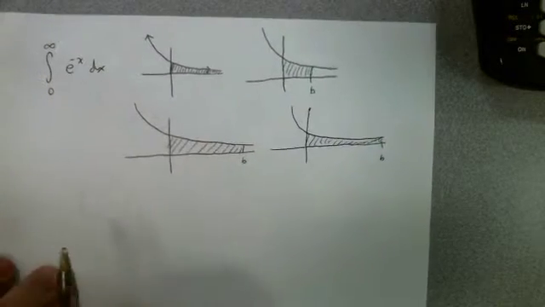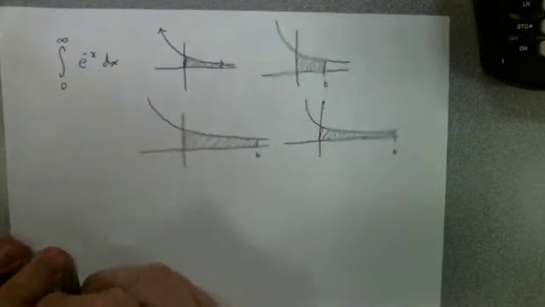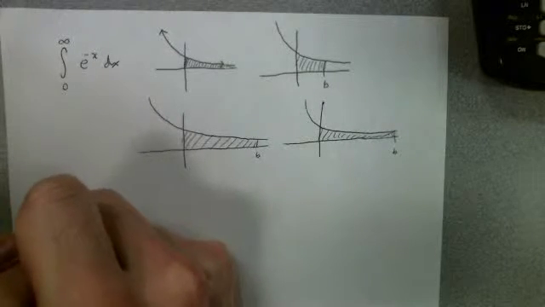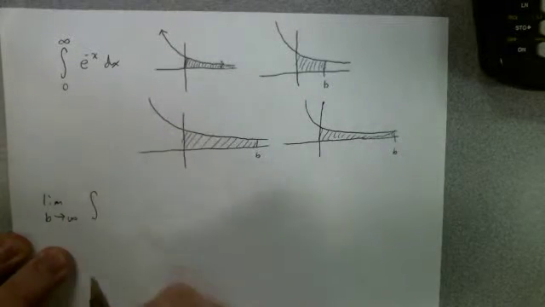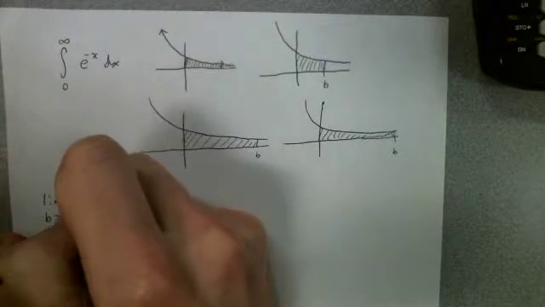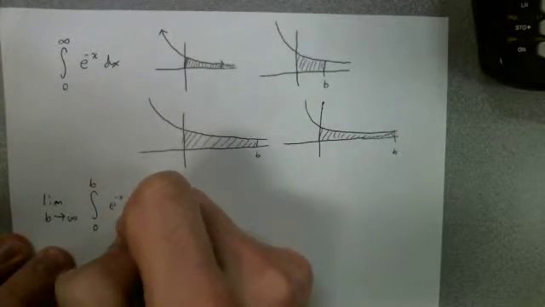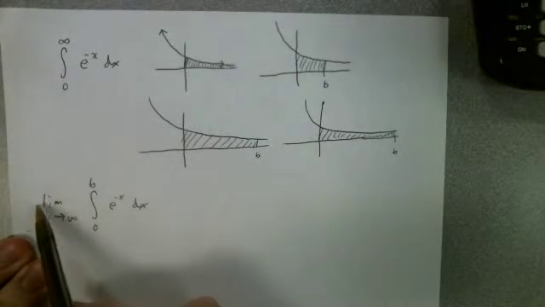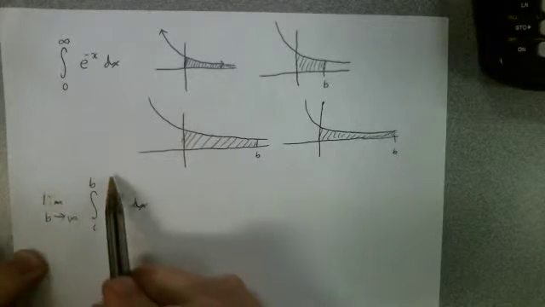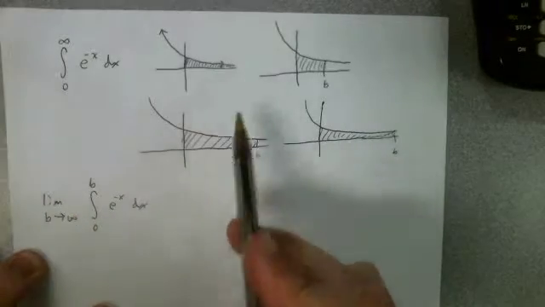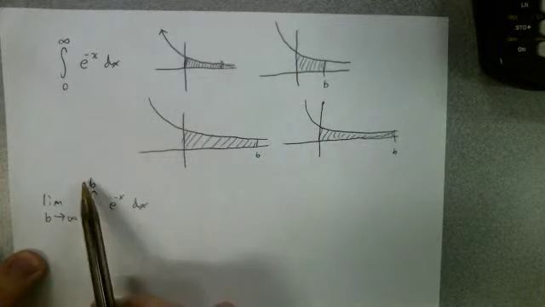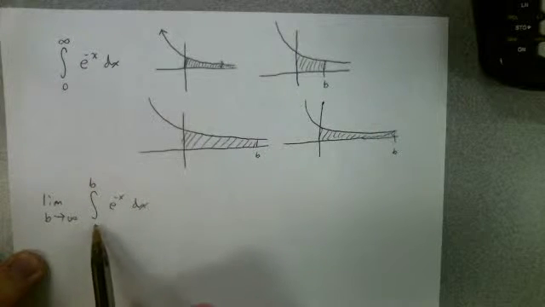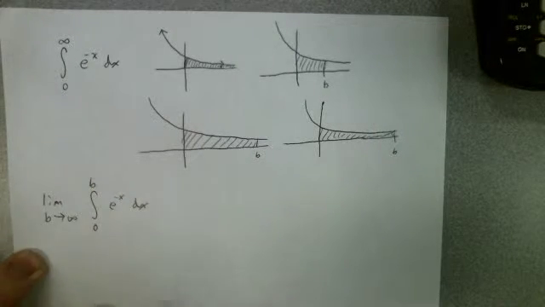So if we want to do the integral from 0 to infinity of e to the negative x, we take the limit as b goes to infinity of the integral from 0 to b of e to the negative x dx. This set of mathematical symbols describes this idea: taking the limit as b goes to infinity means we find the limit of the area as we take more and more area.